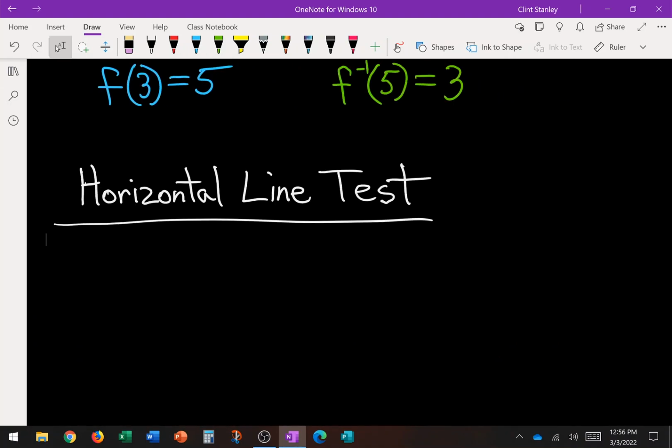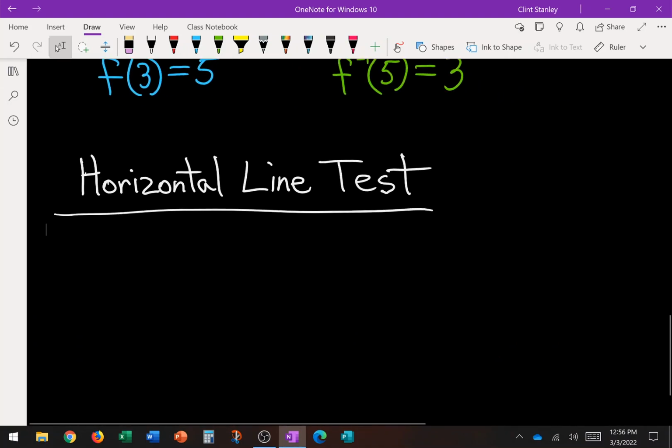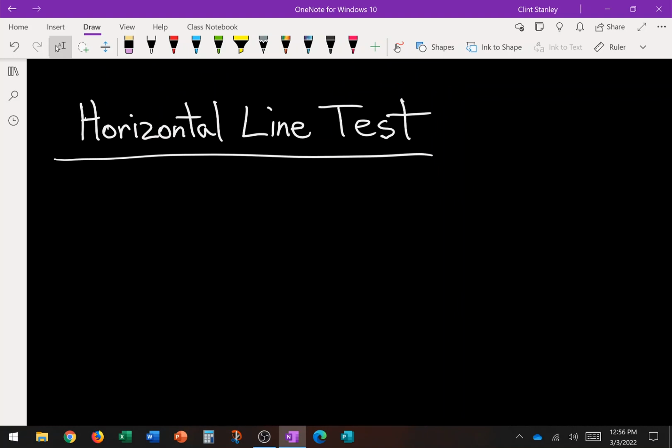For the horizontal line test, we're not testing to see if our graph gives us a function, we're testing to see if it has an inverse.